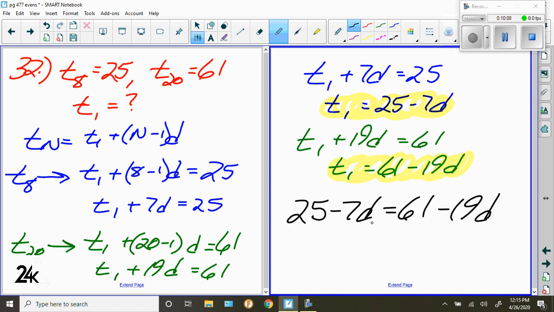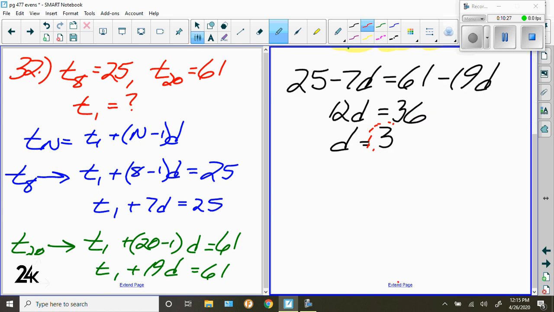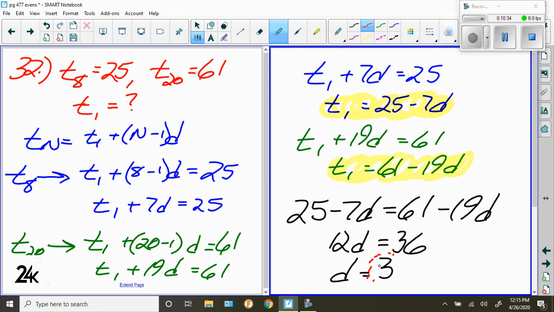So I'm going to add 19d and get 12d. And I'm going to subtract 25 and get 36. So d equals 3. Okay, so now this 3's got to go on to a little trip here. Oh, hello. I did not mean to do that. Come on now. There we go.